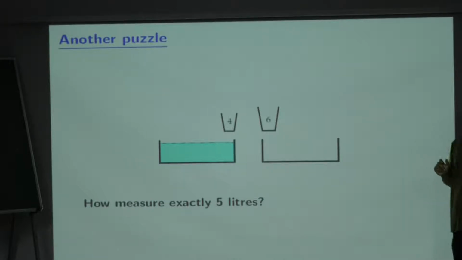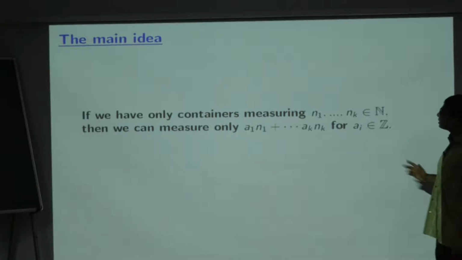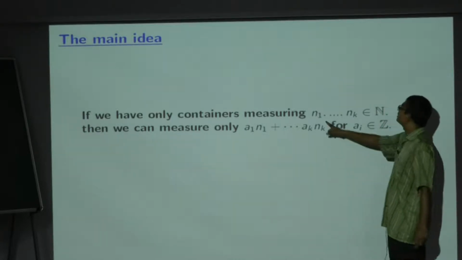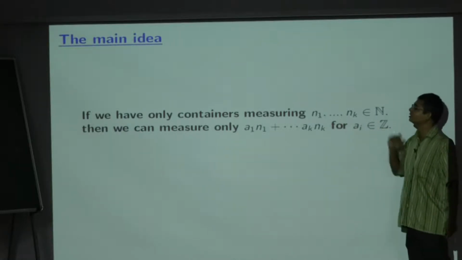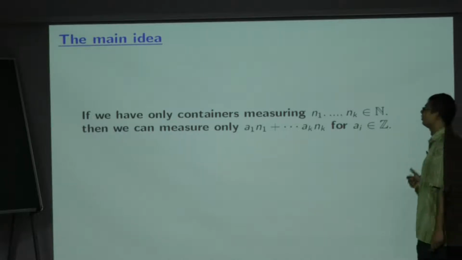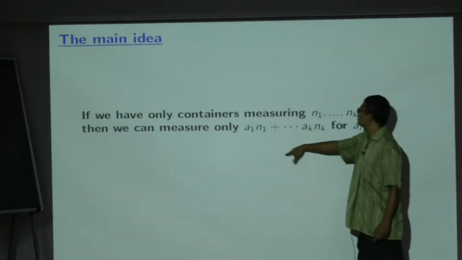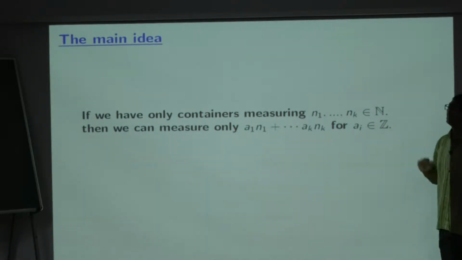So we learn a very important lesson here. And the main idea is this. Suppose we have only containers measuring these things, N1, ..., Nk, some natural numbers. In our case, it was 4 and 6. Then we can measure only amounts which look like this: A1 N1 plus ... Ak Nk for integers Ai's.